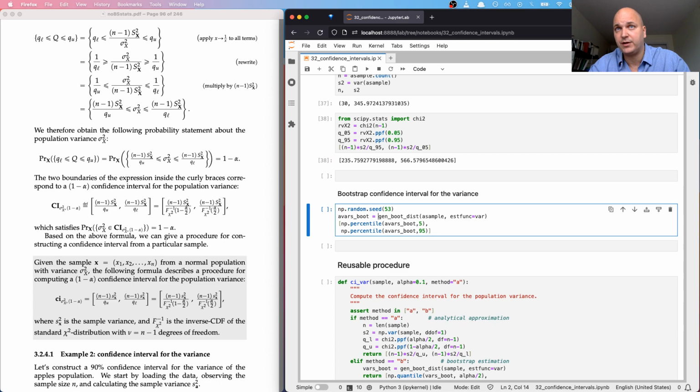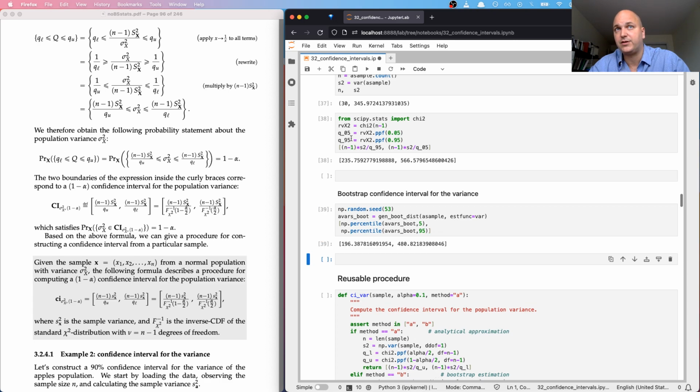And as we saw before, let's do a rerun, but this time using the bootstrap approach. Very similar to what we saw above, generating the bootstrap distribution from the sample. We want the bootstrap distribution of the variance. We store it in this list and then cut off the bottom 5% and the top 5% to get another interval.